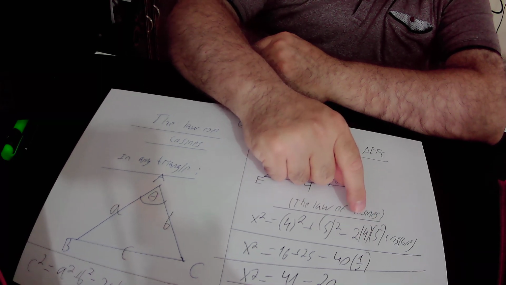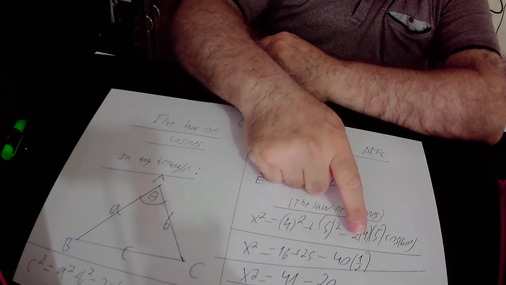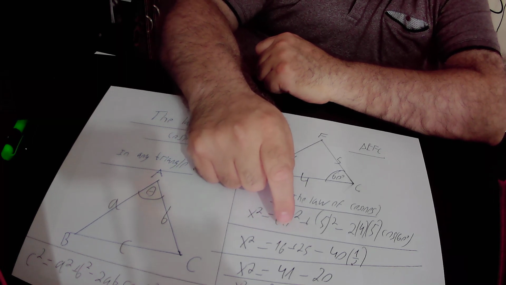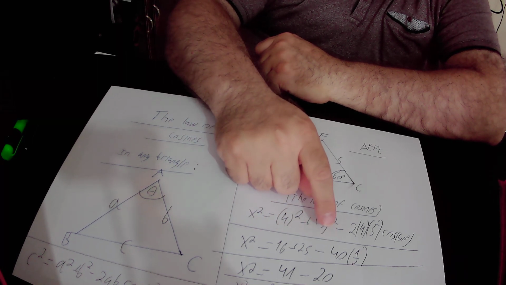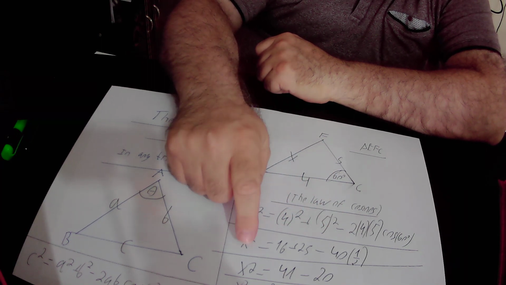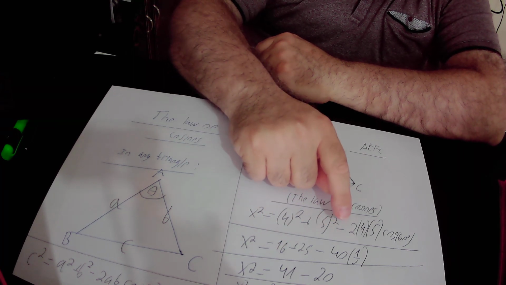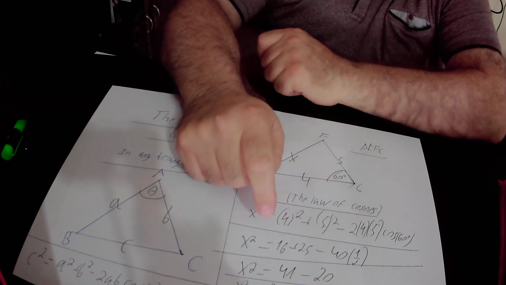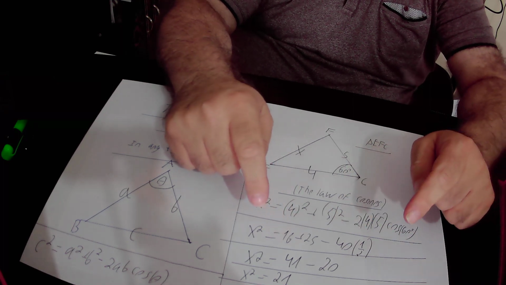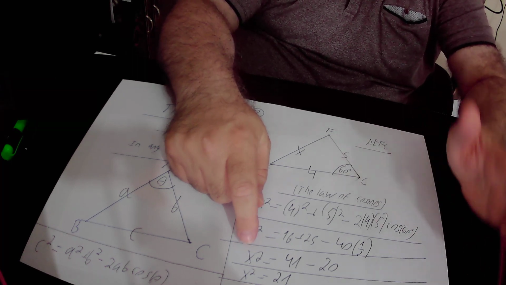So x squared equals 16 plus 25 minus 40 times 1/2. 16 plus 25 is 41, and minus 40 over 2 is minus 20. So x squared equals 41 minus 20, that is 21.